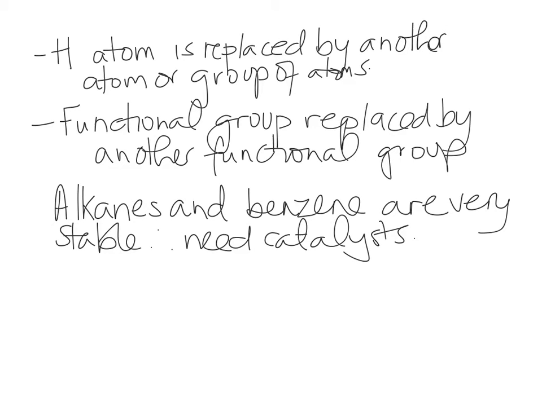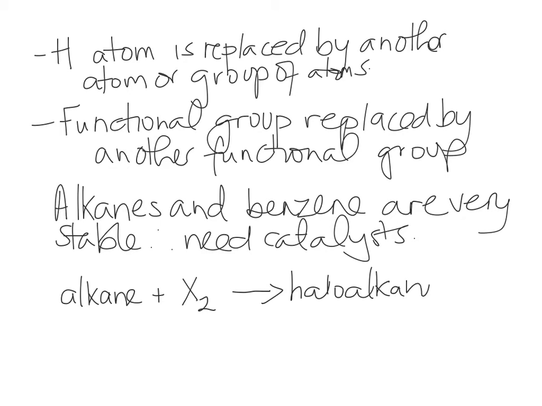An example of a substitution, you can have an alkane and you can add a halogen to it. So you react it with a molecule of your halogen, and you end up with a haloalkane plus a molecule of a hydrogen halide.